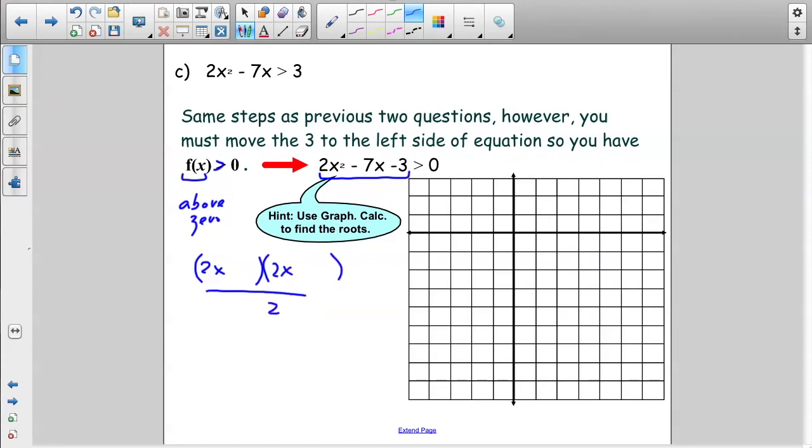And we have 2 times 3 is -6. And we get 6 and 1. It's not going to factor. So it's going to be an ugly one.